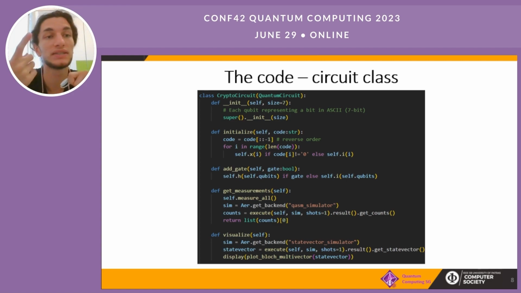The methods initialize, add gate, and get measurements are used to respectively set the circuit to an initial state, add or not a Hadamard gate, and get measurements for the circuit's qubits. The interesting method here, though, is the visualize, which displays the multivector of the circuit.